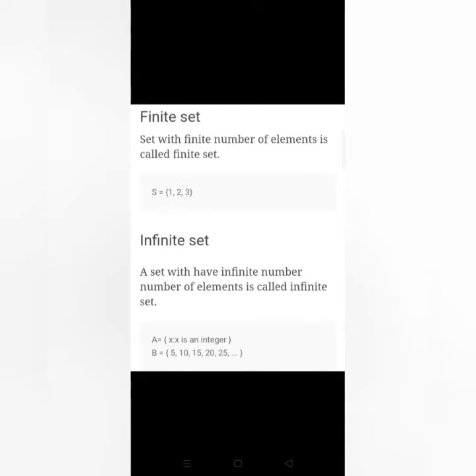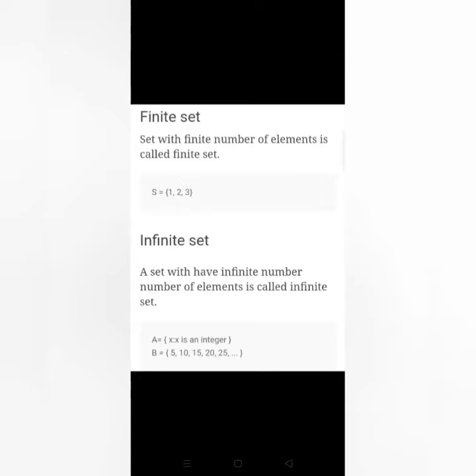Next type, finite set. A set with a finite number of elements is called a finite set. Consider one example. A equal to 1, 2, 3. Here only 3 elements are given. Therefore, it is a finite set.